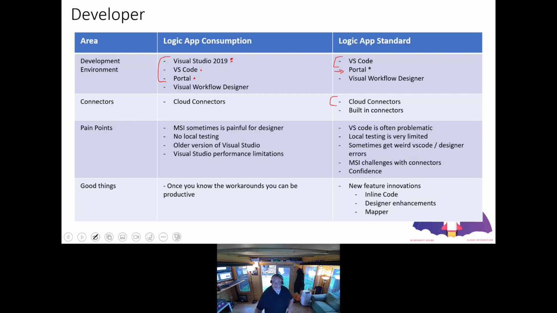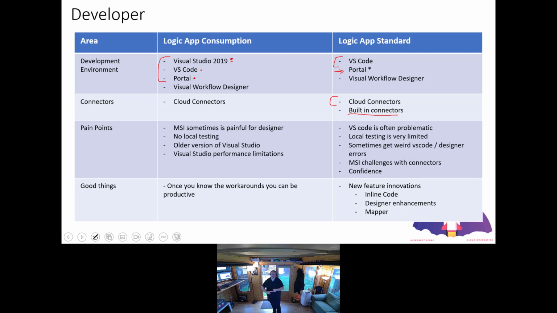The big difference, though, is there's built-in connectors. So this is where Logic Apps Standard offers this connector that runs on your compute running the workflow. And then that'll run almost like an inline connector, I think is the easiest way to think of it. So this leverages Azure Functions bindings. So things like a service bus binding would be a good example where you connect from the host running the workflow, use that binding, and you can talk to the resource.